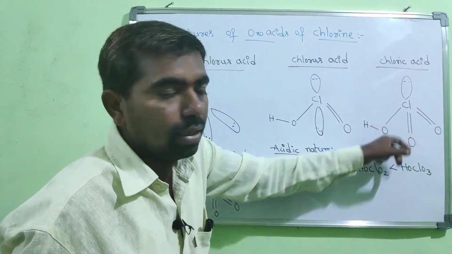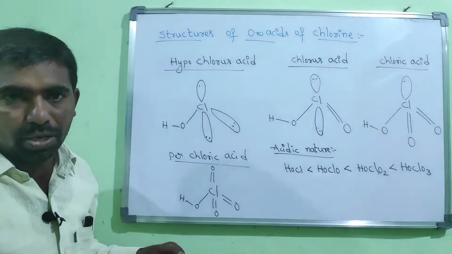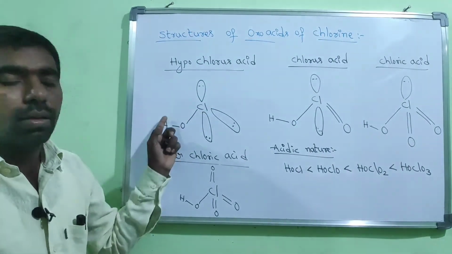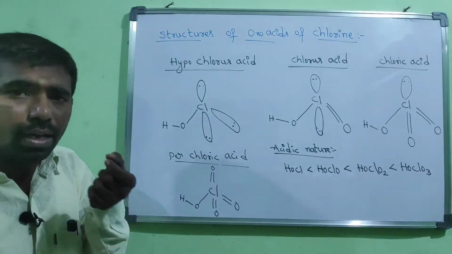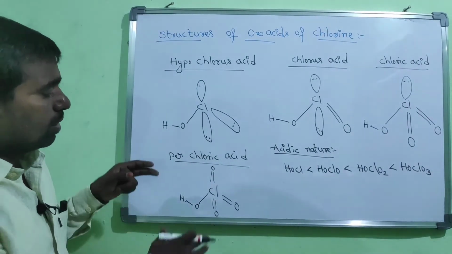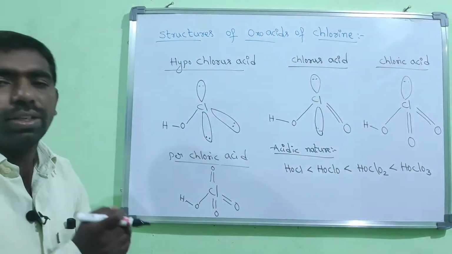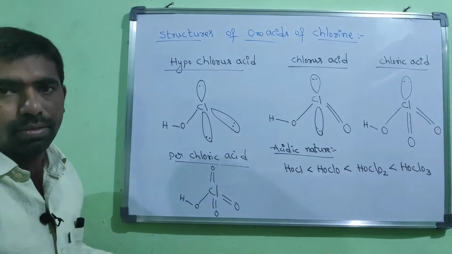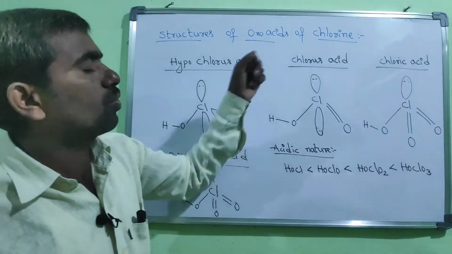And here there are no oxygen atoms bonded with double bonds, so only the chlorine has to attract the electrons toward its side. That's why H+ release occurs slowly. Compared to the other three, it has very little acidic character, because release of H+ takes some time. That is the reason for the acidic strength.